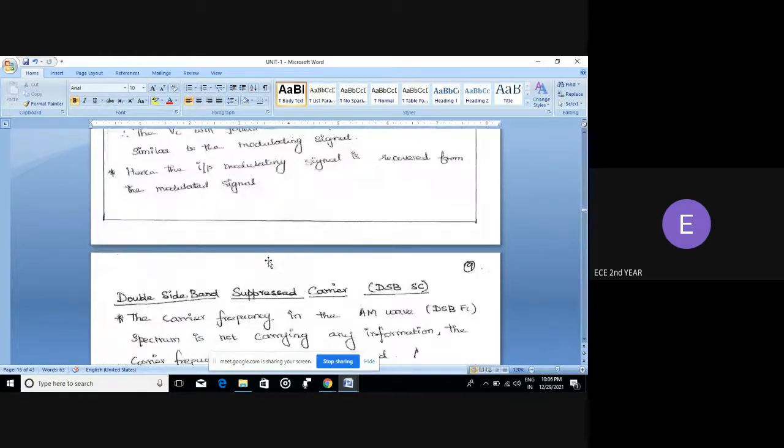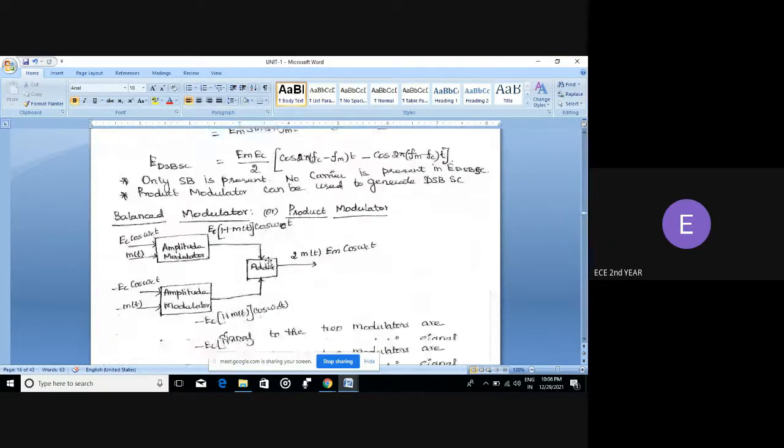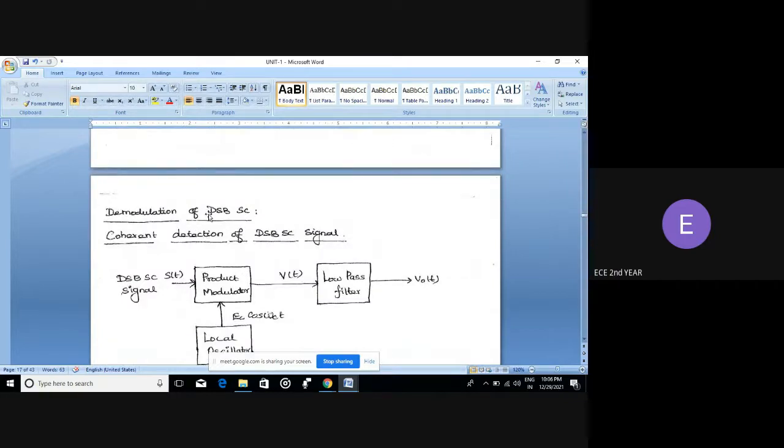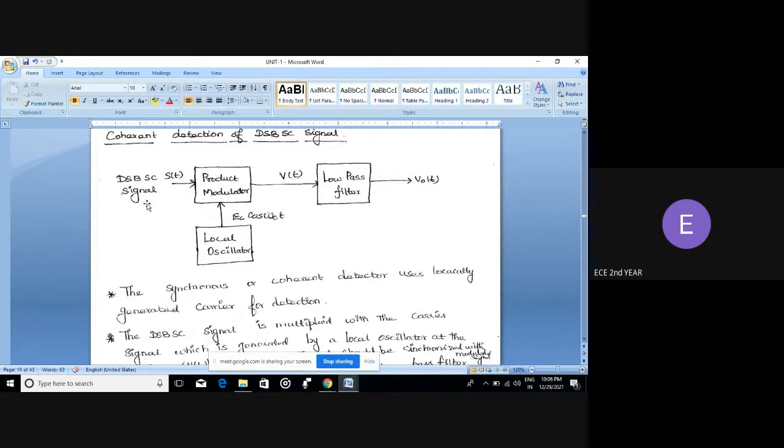And then the demodulator. The demodulation of double sideband is given here. The double sideband suppressed carrier signal, S of t, is given to this product modulator. The other input to this modulator is the local oscillator, used to generate the carrier signal, represented as EC cos omega C t.